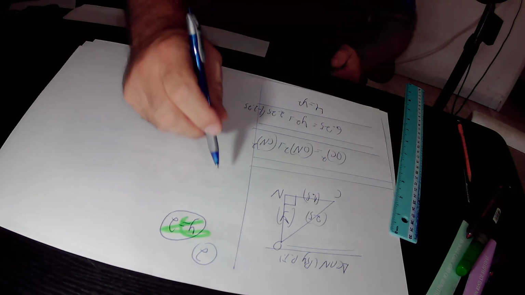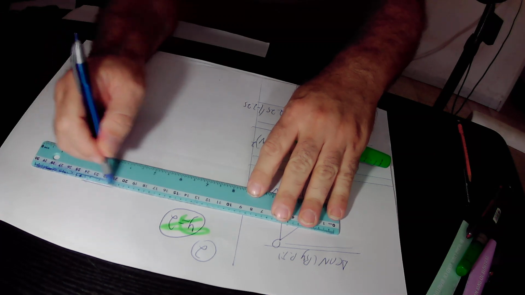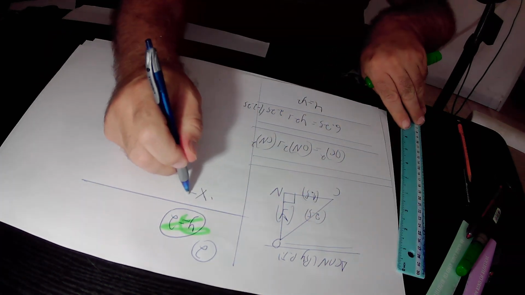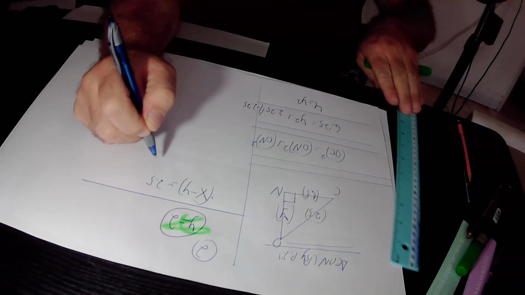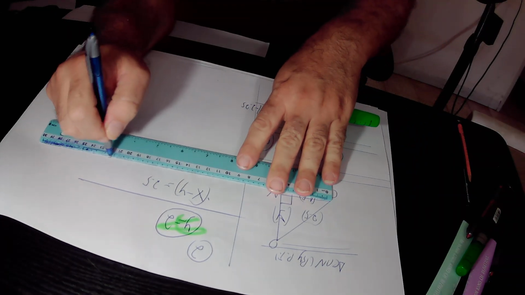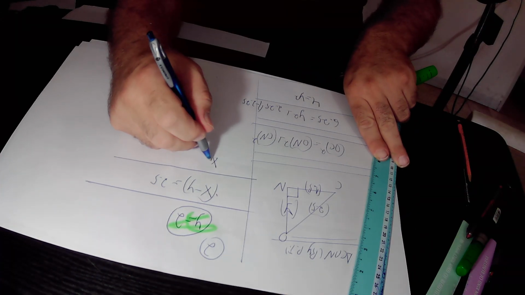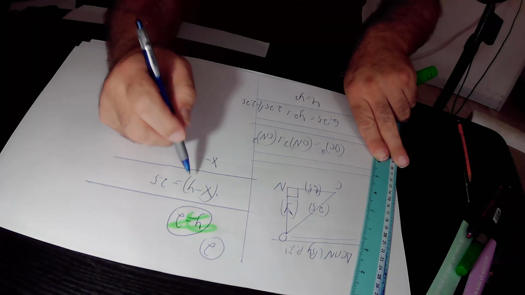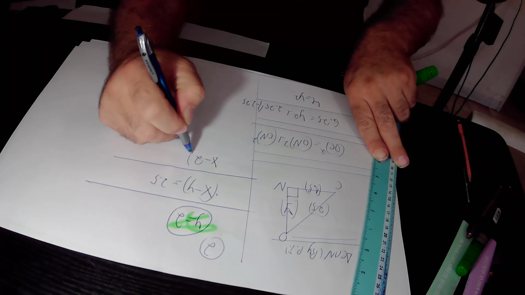We have already found out that x minus y equals 2.5. So y is 2, and x minus y is x minus 2.